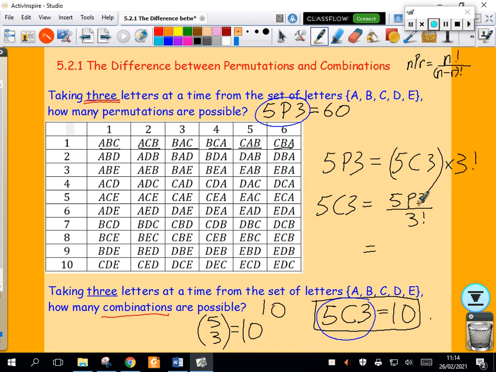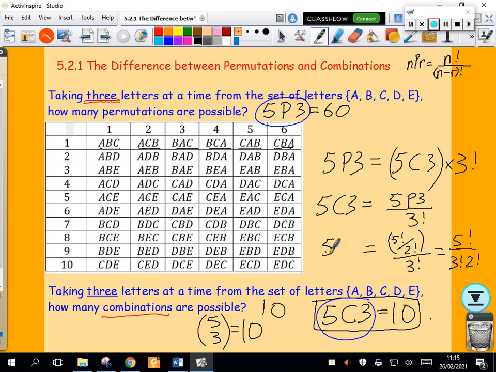So 5 permute 3 will be 5 factorial divided by 5 minus 3, which is 2 factorial. So what we're getting here is 5 factorial divided by 2 factorial, and then by 3 factorial, which is the same as dividing all together by 3 factorial times 2 factorial.